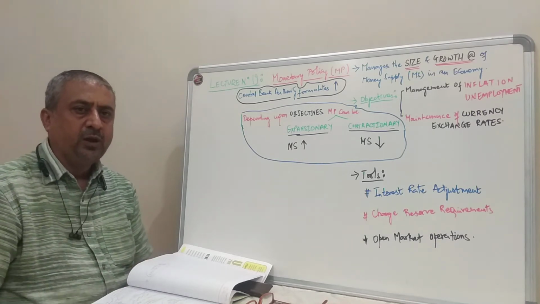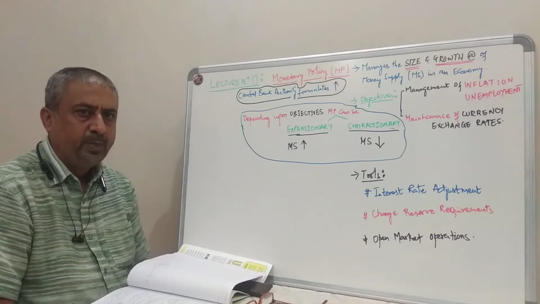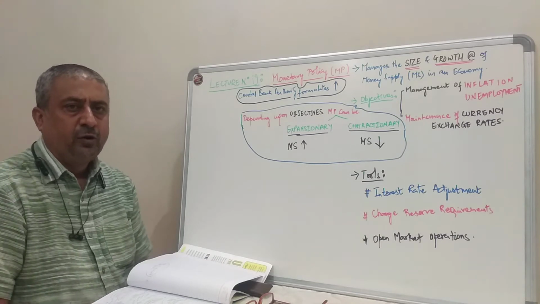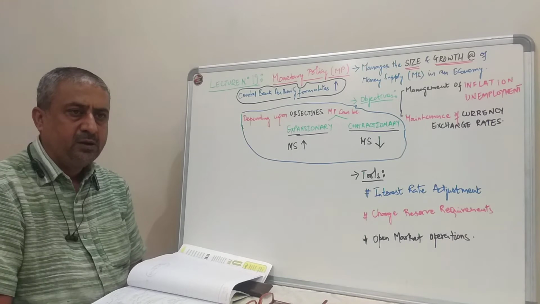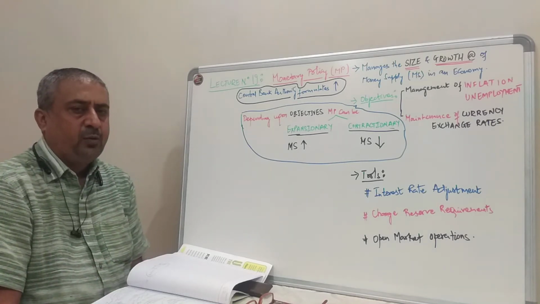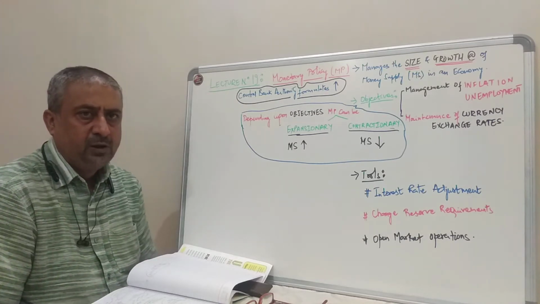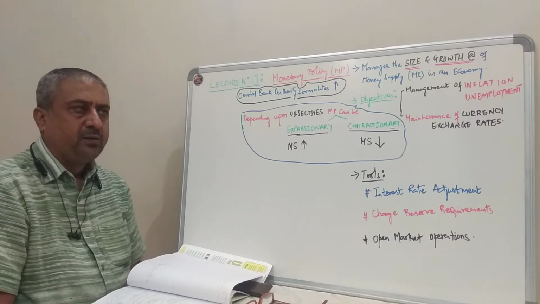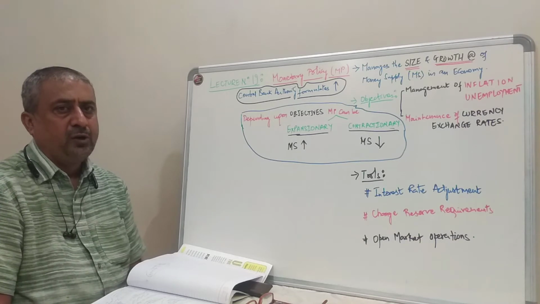Does it only say this much is the quantity of money to be made available with the public, or this much only is needed for consumption or circulation amongst the public? What type of money is needed, when it is needed, and how it is to be done? All these things are taken care of with respect to monetary policy, which is formulated by the central bank authority of any country.